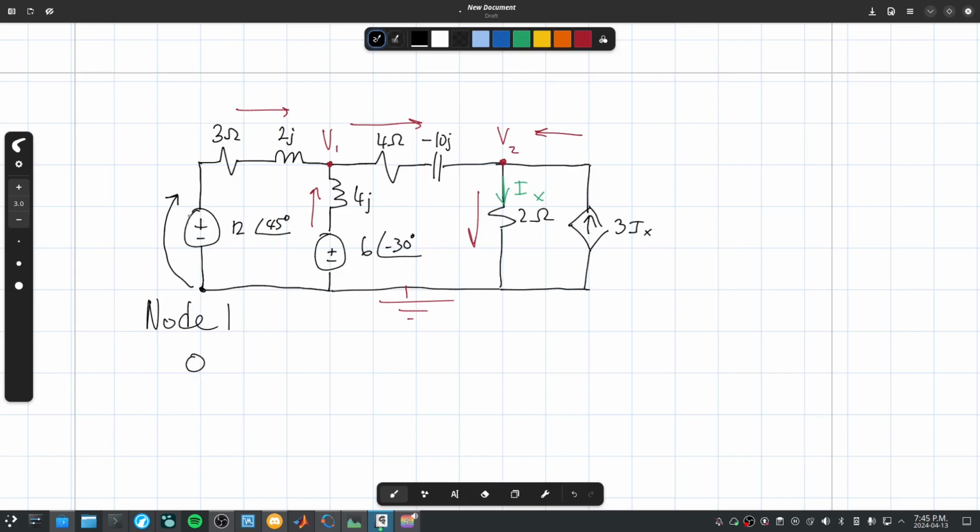It goes across this voltage source, comes out of the positive end, so that's plus 12 with a phasor angle of 45 degrees. And then it ends at V1. Then you divide by the resistance over the entire route you took, which is 3 ohms plus 2j. 3 plus 2j.